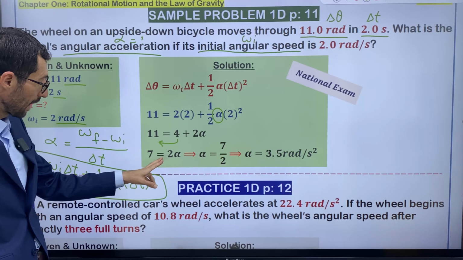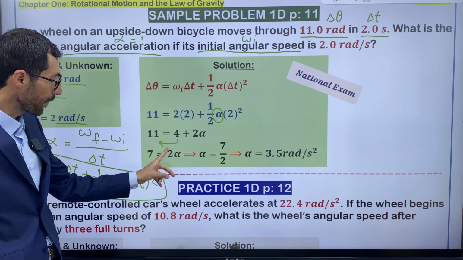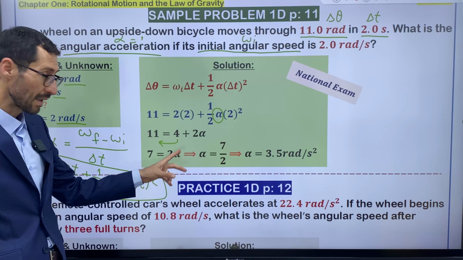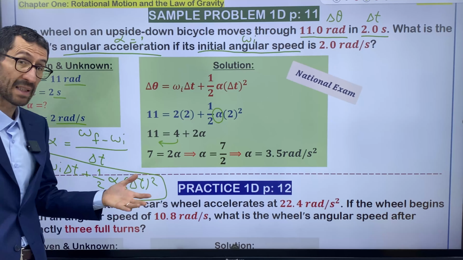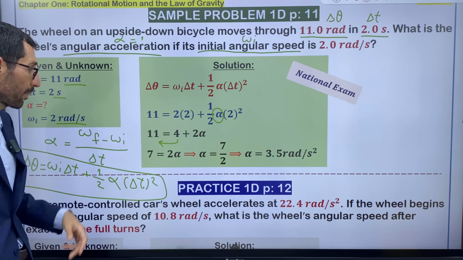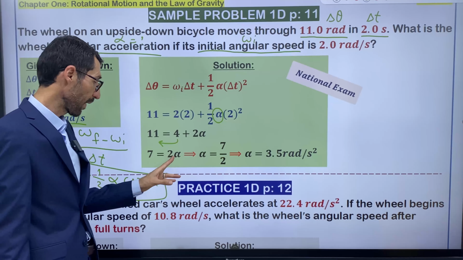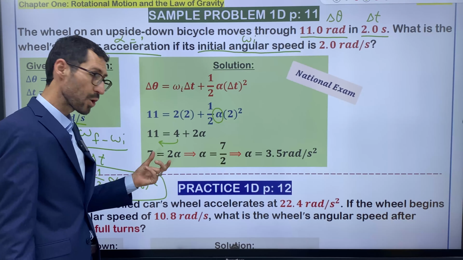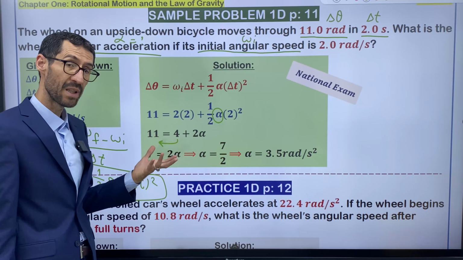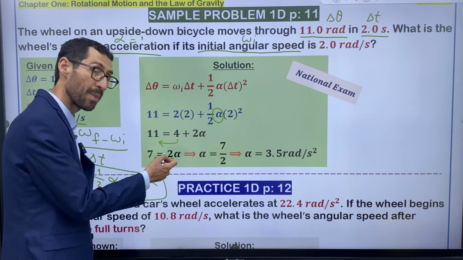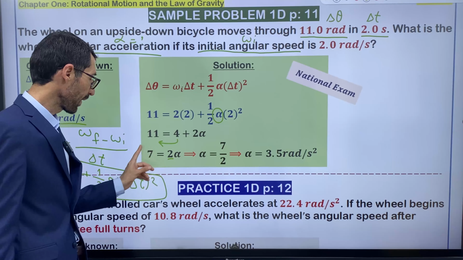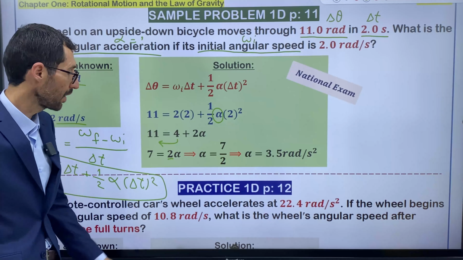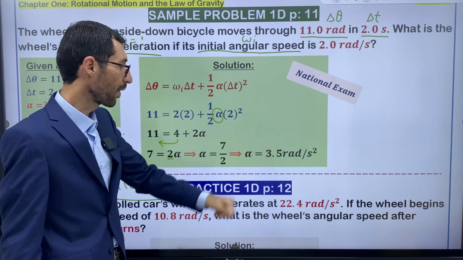In this situation, the coefficient of the variable goes to the denominator, a rule in mathematics I say frequently. Alpha is equal to 7 over 2, which becomes 3.5.